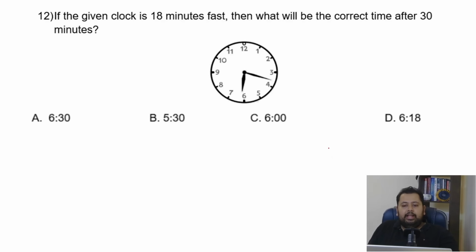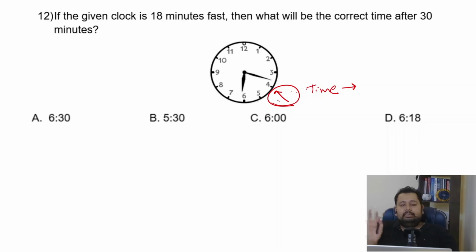So first of all, find out what is the time that is given over here, the time that is given in the clock. From this time, what you have to find out is that this is 18 minutes fast. So what is the exact time? The exact time will be either 18 minutes lesser or 18 minutes faster. Again, that is something you have to find out.